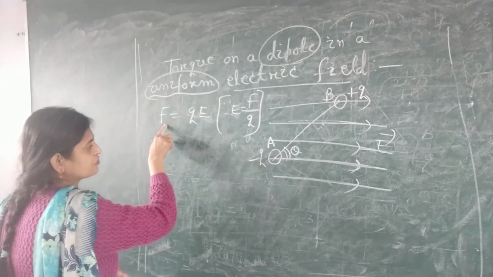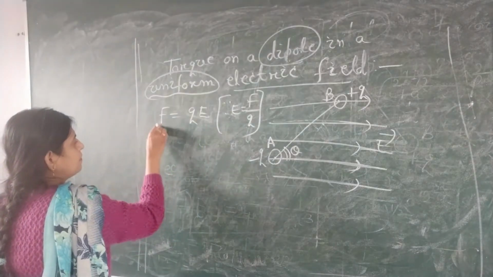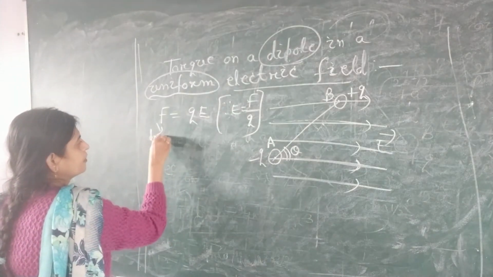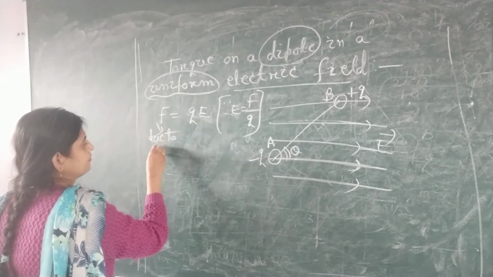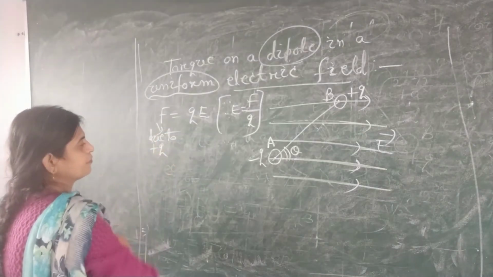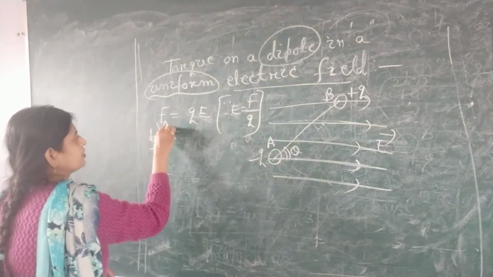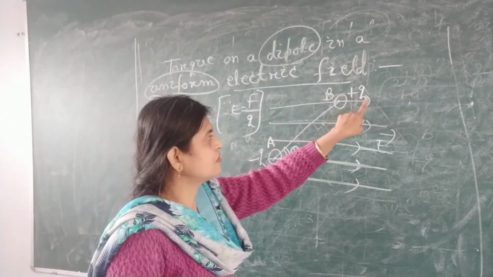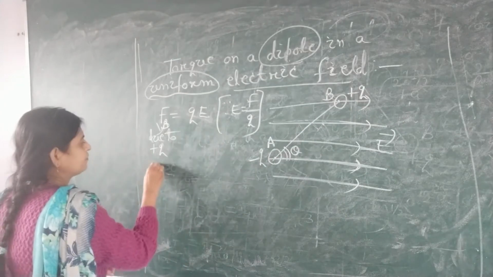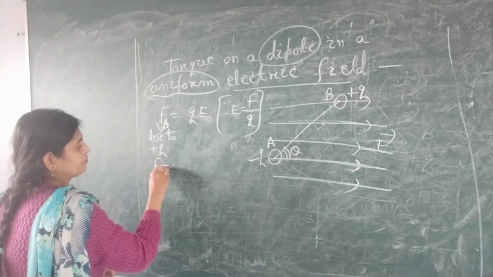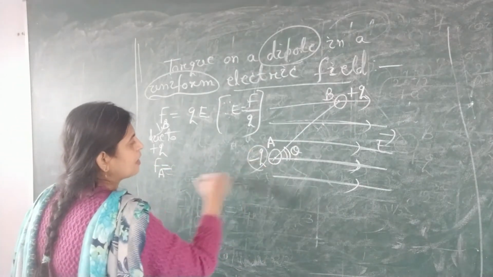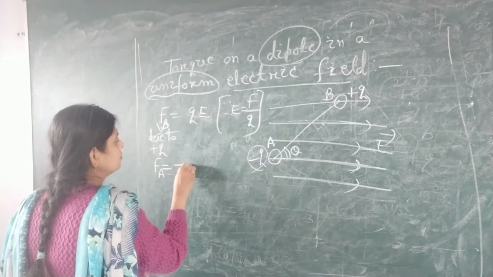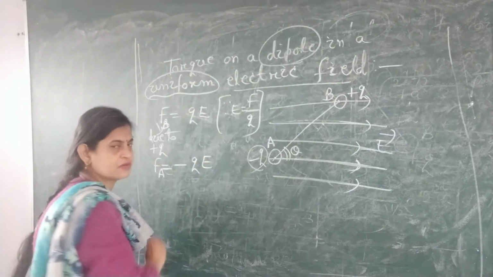This is the force due to charge plus Q, or we can write FB, due to charge plus Q. Similarly, FA, due to charge minus Q, is equal to minus QE.